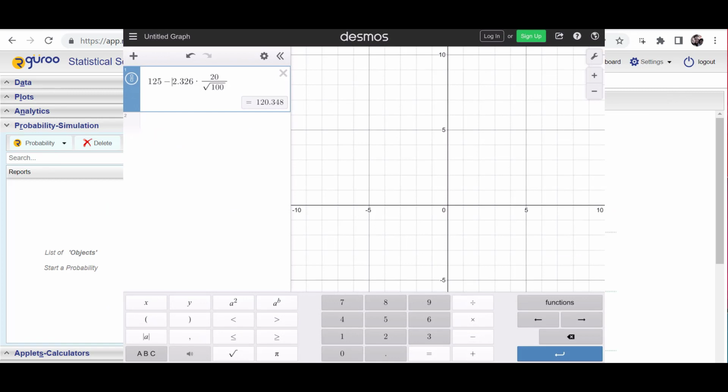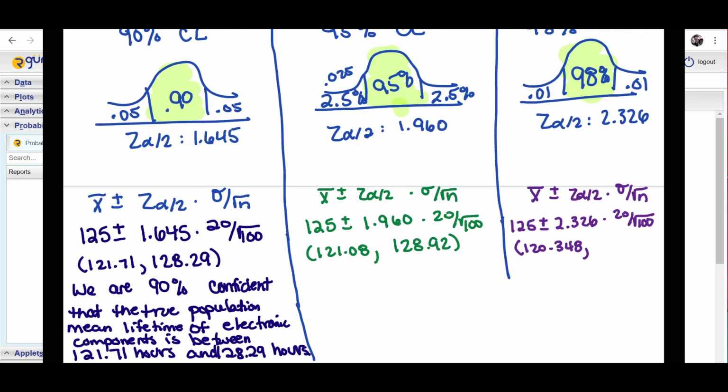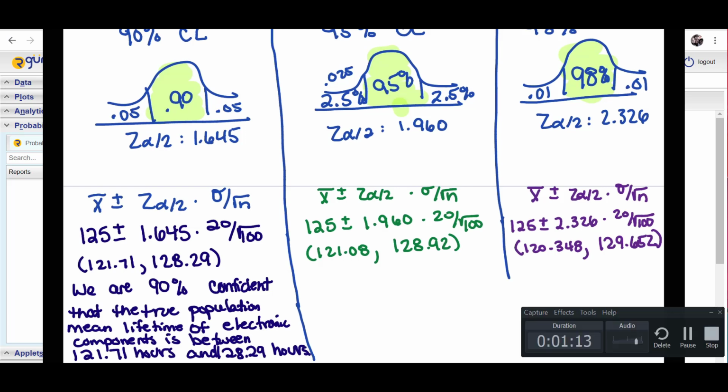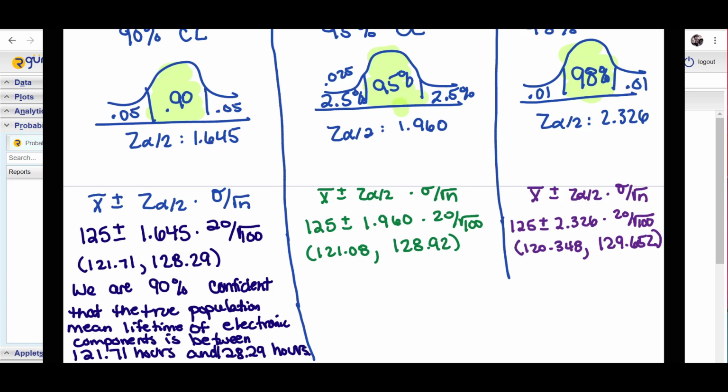And we do it again with a plus sign, and we get 129.652. So we are 98% confident that the true population mean lifetime of electronic components is between 120.348 hours and 129.652 hours.